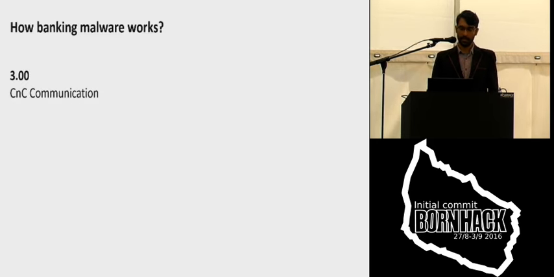All right. The next thing I'm going to talk about is CNC communication. All the malware, banking malware, has to communicate with the CNC. This is very critical, because in today's world, things are changing real fast. Security companies are really, really good, and they will be blocking stuff very fast.